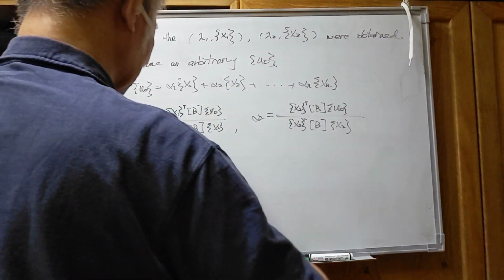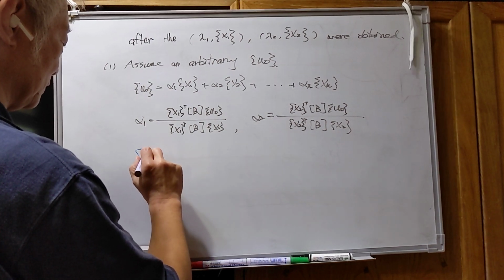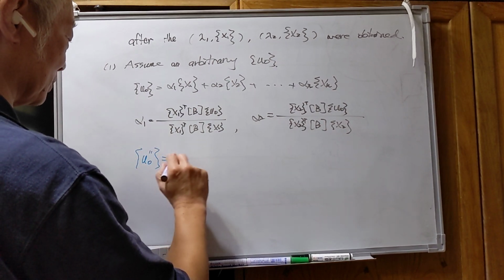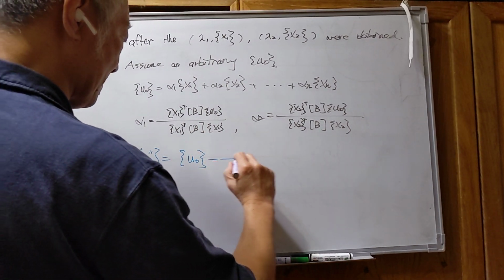Then we can calculate u0 double prime, which is equal to the original u0 minus the components.